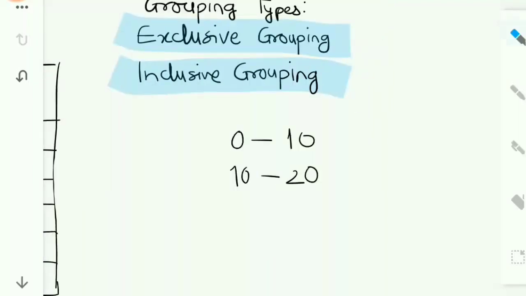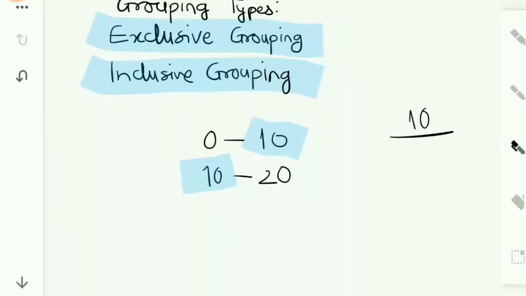Here this upper limit is repeated as lower limit of the next class. So if somebody has marks as 10 only, where will you include it? In this first interval or second? You will include it in this second interval. This 10 is excluded from this first interval.